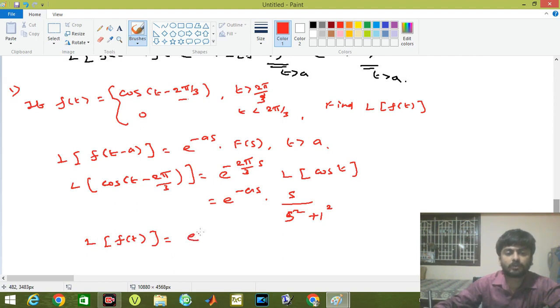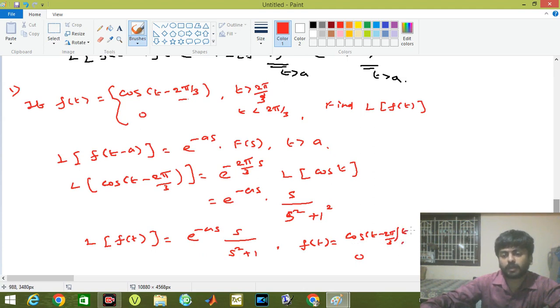L of f of t equal to e power of minus as s divided by s square plus 1, where f of t equal to cos of t minus 2 pi by 3 for t greater than a, and 0 for t less than a.